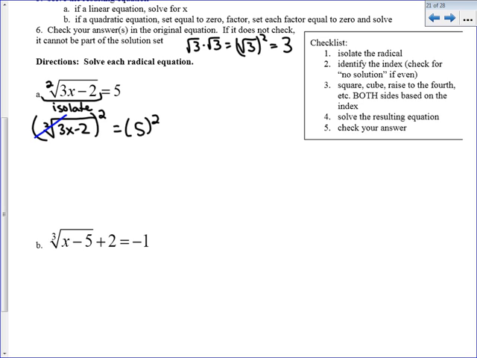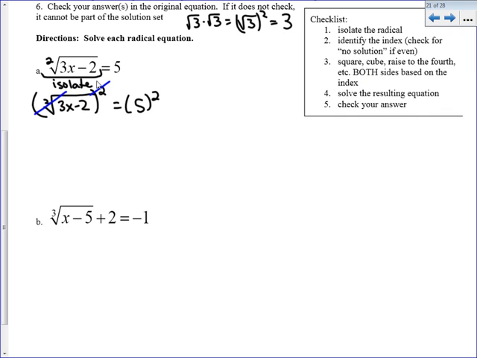So when I take this square root and I square it, I get to drop both of those. I drop the square root and the squared. So I'm looking at 3x minus 2 equals, don't forget to square the right side, which is 25.